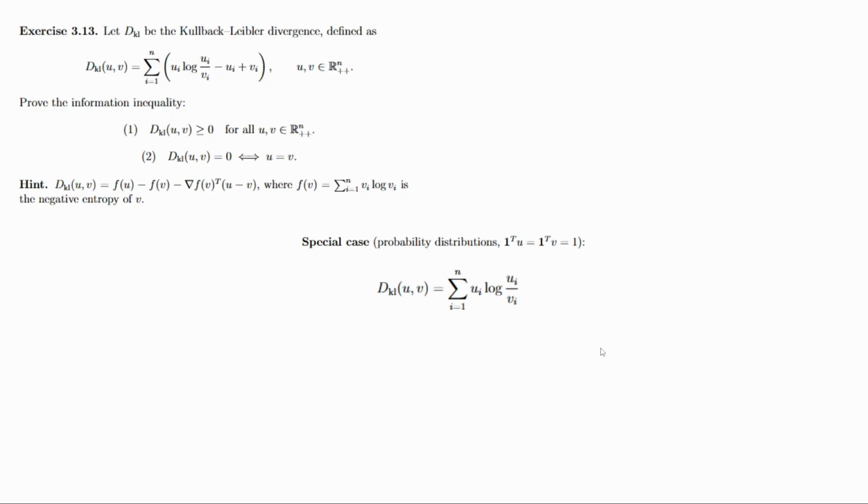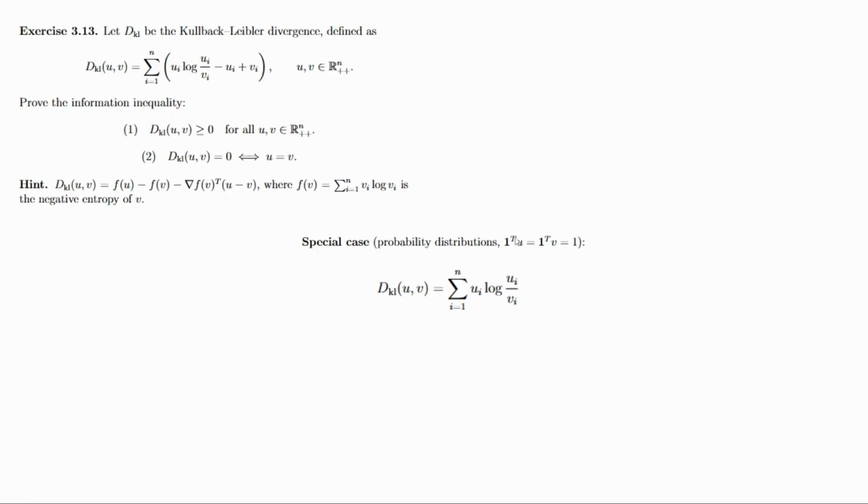Before the proof, I want to say one quick note about the definition. The formula Boyd uses with those extra u_i and v_i terms is the generalized KL divergence. So it works for any positive u and v, right? u and v could be any positive n-dimensional vector. However, if u and v happen to sum to 1, as seen here, then they're probability distributions.